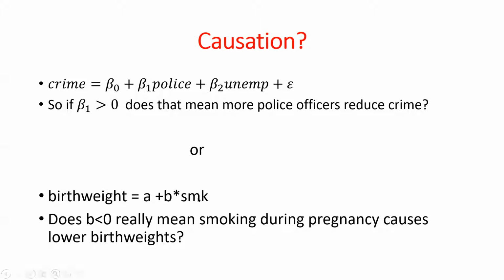So higher income levels are going to impact birth weights, but they're also going to decrease the likelihood a mother smokes while pregnant. If we look at the correlation between smoking while pregnant and income levels, lower income levels have increased likelihoods of smoking while pregnant. Lower education levels have higher likelihoods of smoking while pregnant.